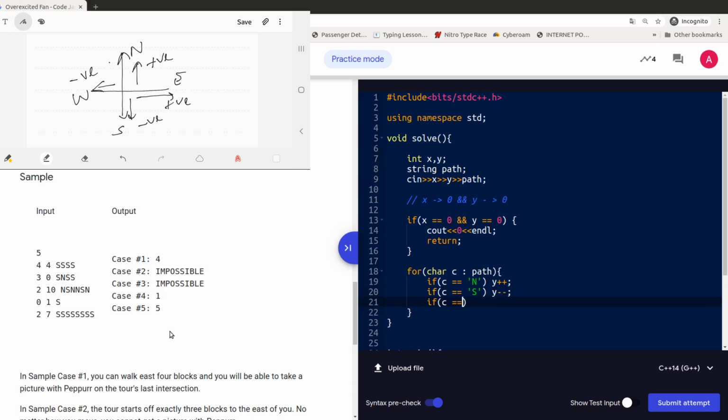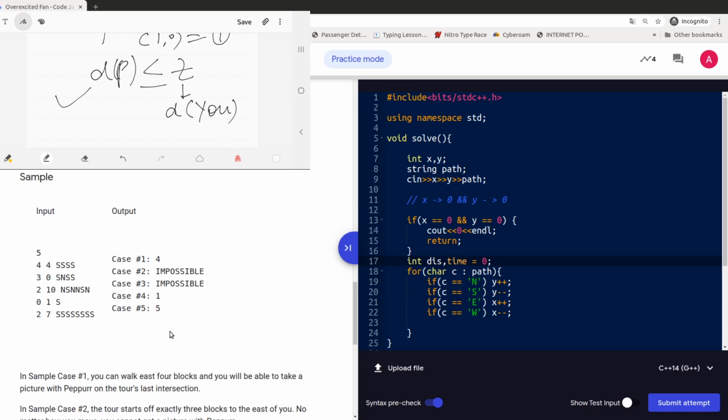If c is equal to east, then we have to increase our x coordinate, and the same goes if c is equal to west, then we have to decrease our x coordinate. Now the distance is initially not defined and the time is initially 0. So the distance becomes the absolute value of x plus the absolute value of y. So here we are taking the distance from the origin.